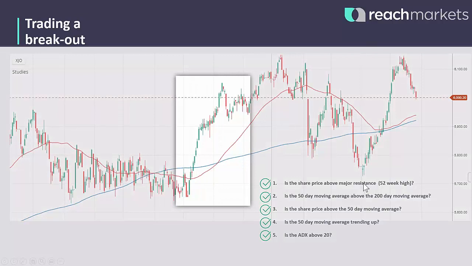Is the share price above the 52-week high? Is the 50-day moving average above the 200-day moving average? So we want to see a crossover at some point prior to that day. Is the share price above the 50-day moving average? Is the 50-day moving average trending up? And is the ADX above 20?